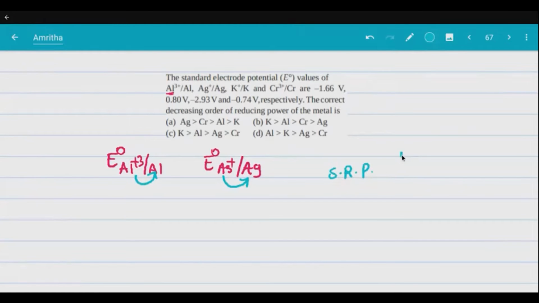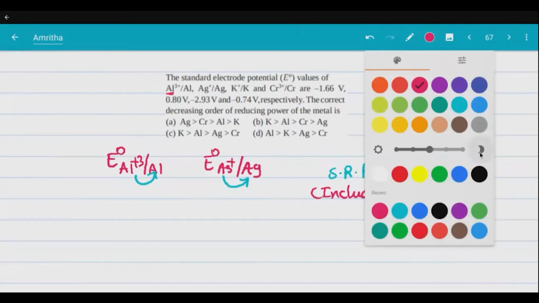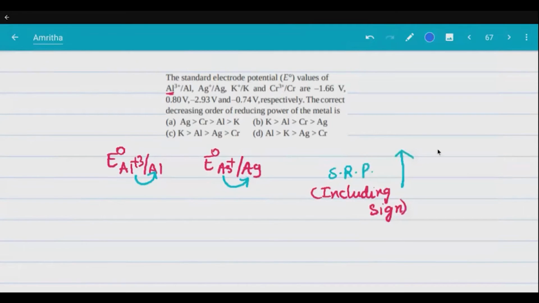SRP more value, including sign, is very important. This includes the sign convention. If it is minus, it should be less minus, or more on the positive side. If SRP is more, what reaction is taking place here?